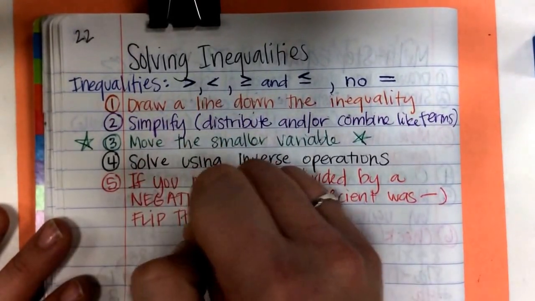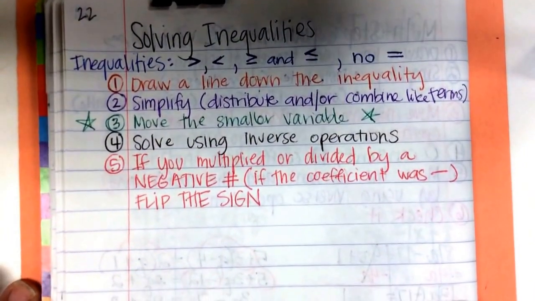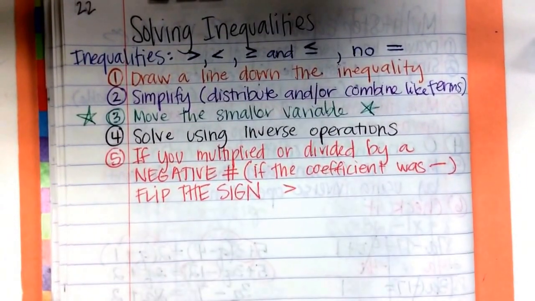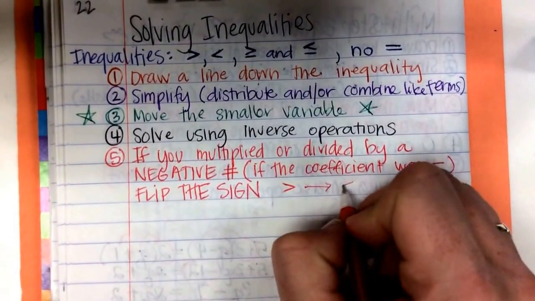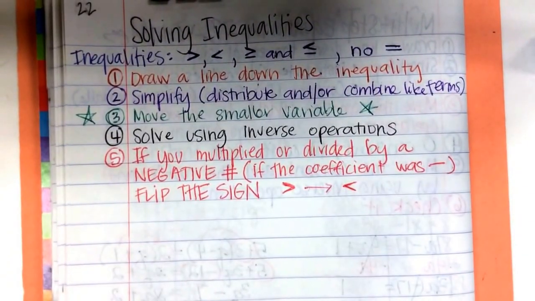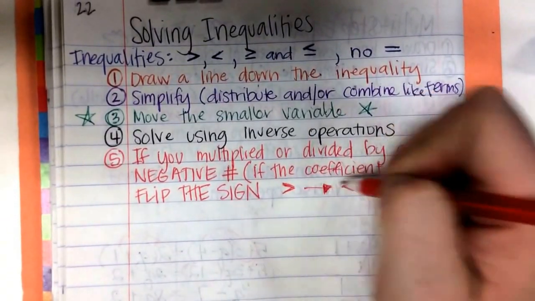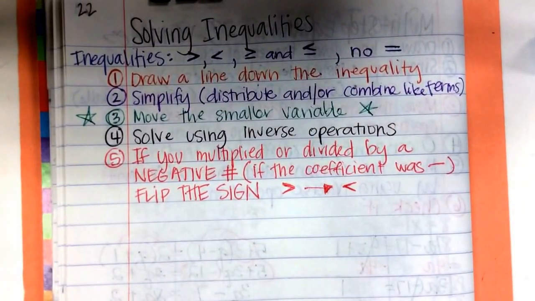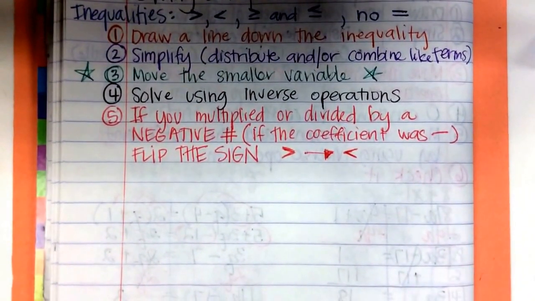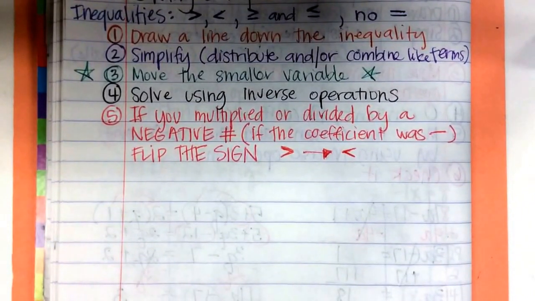flip the sign. If it faced this way, you flip it over to face the other way. But that's only if the coefficient is negative. That is the new rule. Everything else is the same.